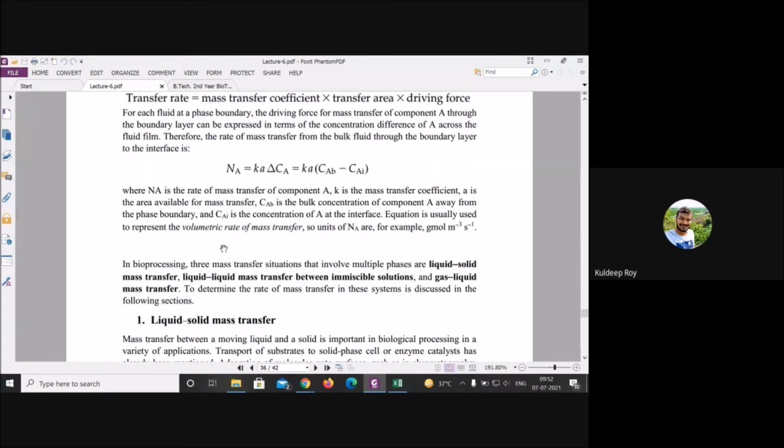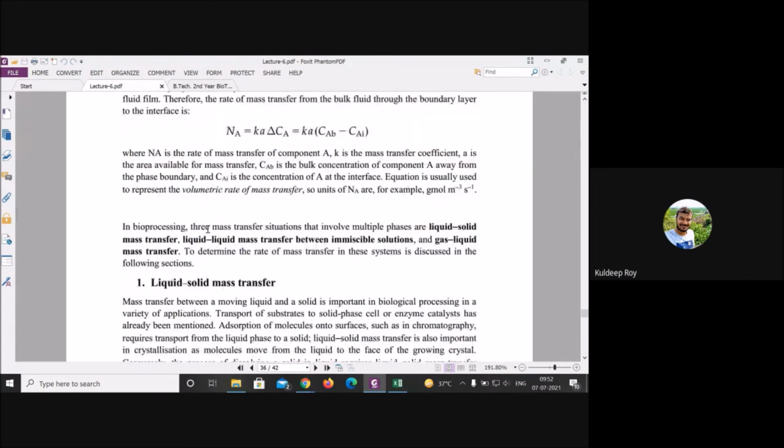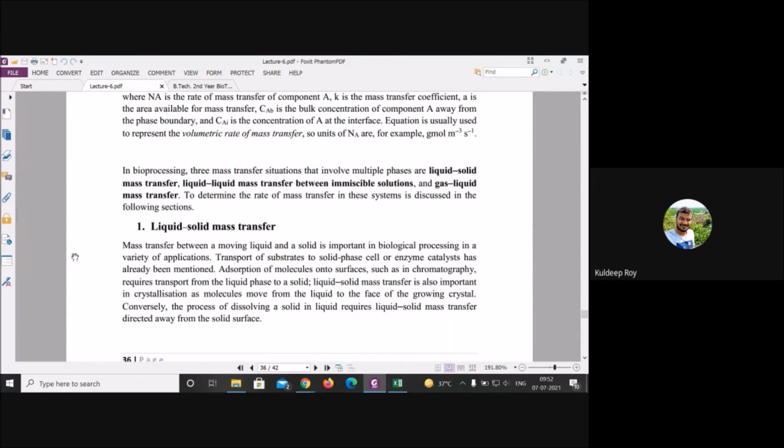Here I have highlighted a few points. In bioprocessing, the three mass transfer situations that involve multiple phases are liquid solid mass transfer, liquid liquid mass transfer between immiscible solutions, and gas liquid mass transfer. Correct? So we will start from liquid solid, how it is coming and why we are reading it. The mass transfer between a moving fluid and a solid is important in biological processes in a variety of applications.